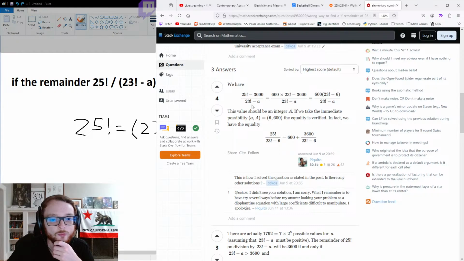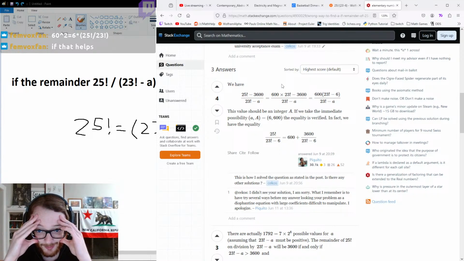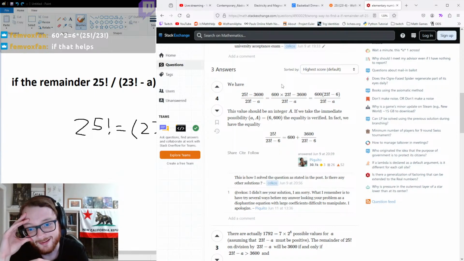Which I guess is just a rearrangement of the thing that I set up. 60. You have to notice that 25 times 24 is 600? No way. I figure there must have been something special about being given 60 squared.